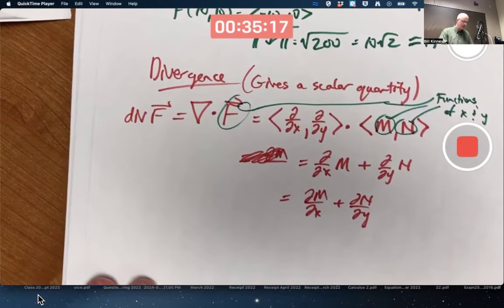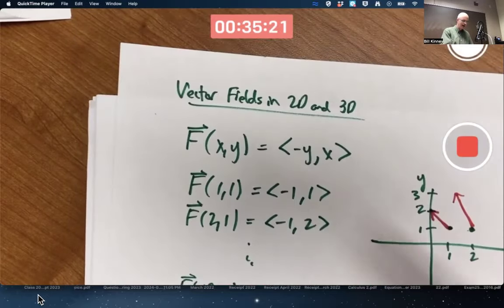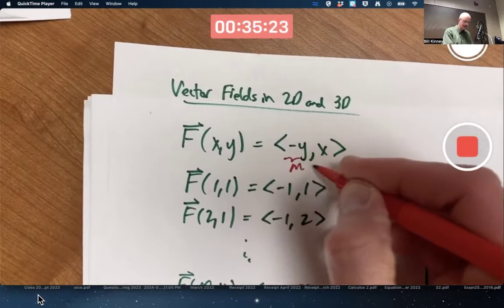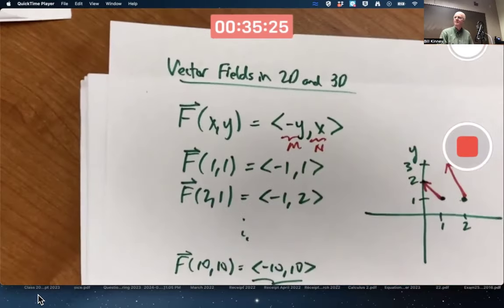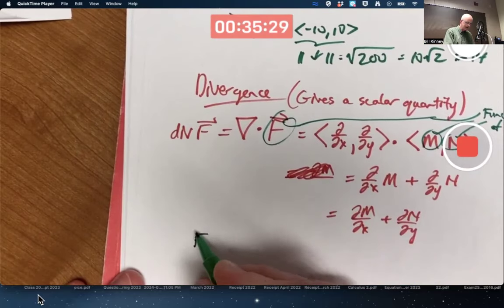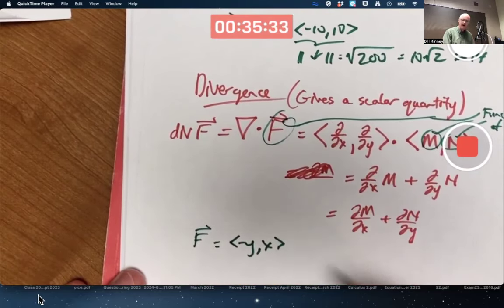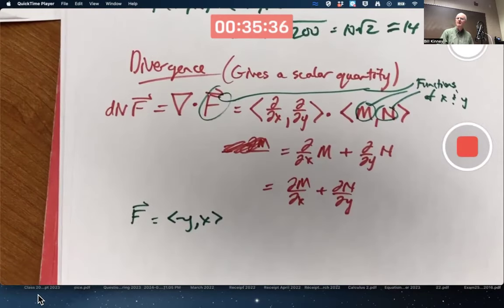So we might wonder, for example, what's the divergence of this example? Back up here, this is the M, and this is the N. So if the function is negative y, x, and notice, by the way, I'm continuing to suppress now the of x, y. That is traditional to suppress because it's just a time saver.